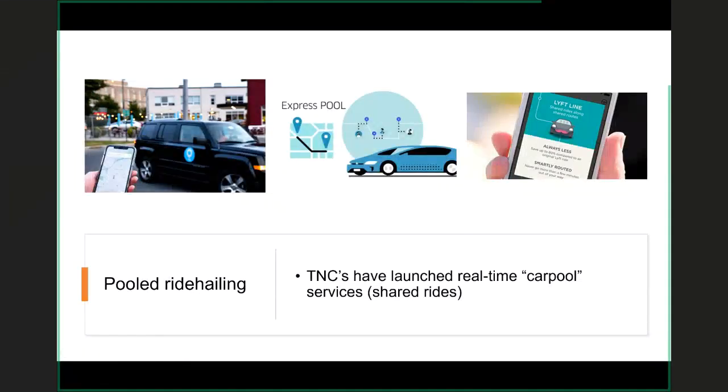And then Lyft has Lyft Line, Lyft Shared Rides. In Washington, D.C., and New York, and Chicago, there's a third service called Via that only does pooled rides. But anyway, this is this big phenomenon that's been around since, I believe, about 2016, and has been growing a lot. We'll see how it holds up after the COVID, but in any case.